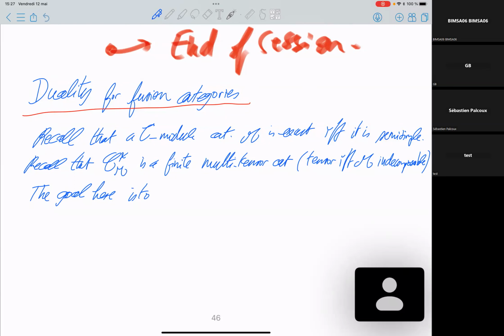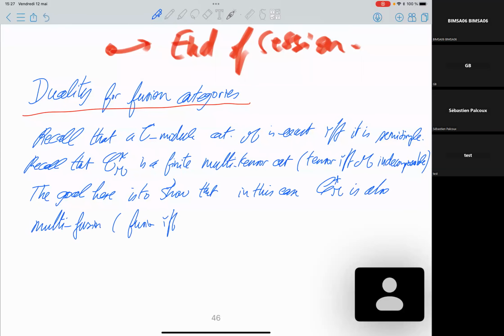That is, to show that for a fusion category, the dual of C with respect to M is also multi-fusion, and fusion if and only if M is indecomposable.